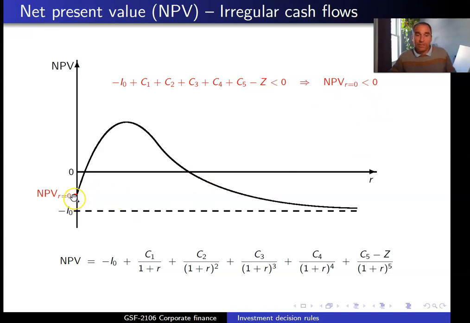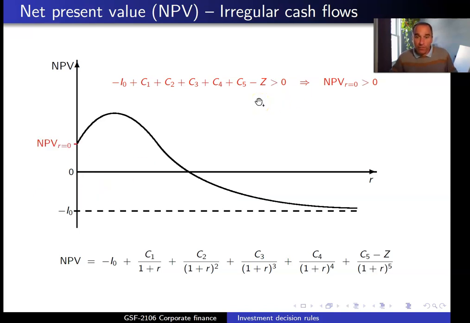Initially negative net present value, but then as R increases, the value of Z decreases and NPV becomes positive, but it eventually falls back towards the initial investment. So the limit when R goes to infinity hasn't changed. The only thing that has changed is what happens when the interest rate is equal to 0.